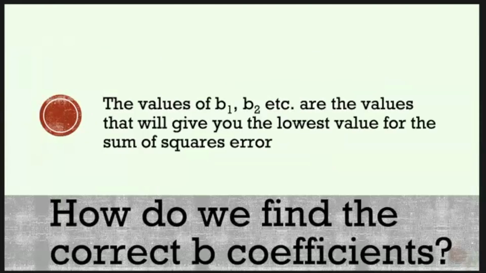The values of b1, b2, et cetera, are the values that will give you the lowest sum of squares error. Now, remember we talked about this before, there are two types of sums of squares: the sum of squares predicted by the model, and the sum of squares that wasn't predicted, which is the error.